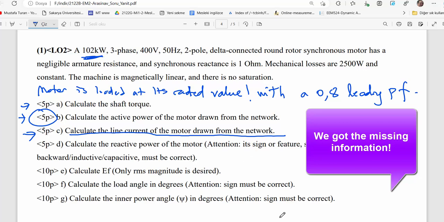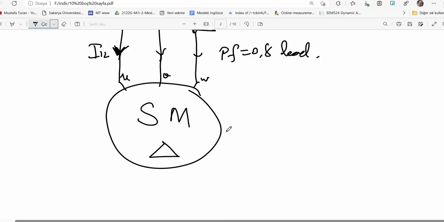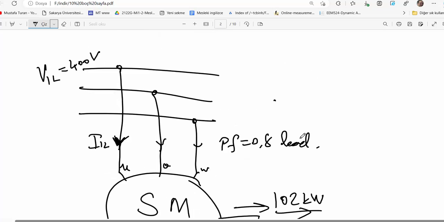Do not confuse: not lagging, leading. The machine is driving full load or rated load, which is such an output power.